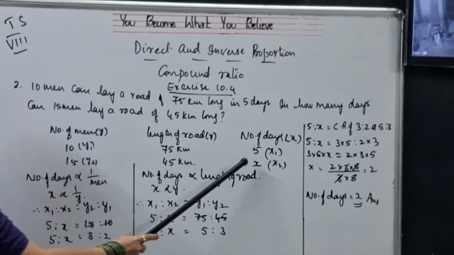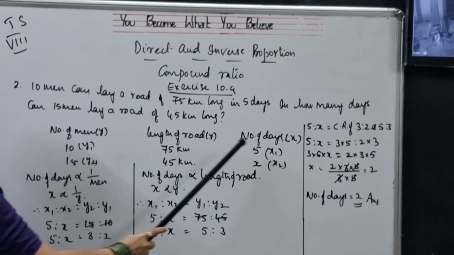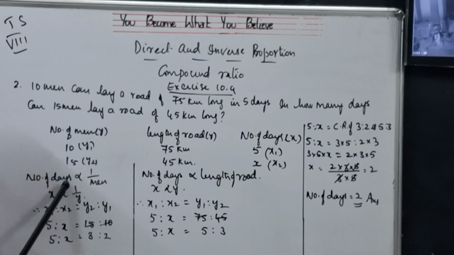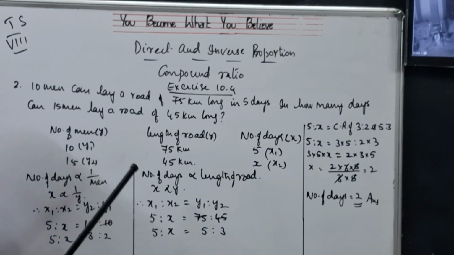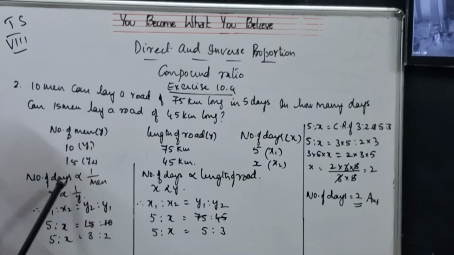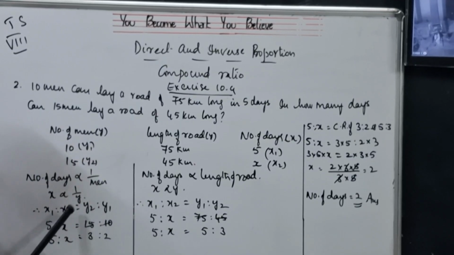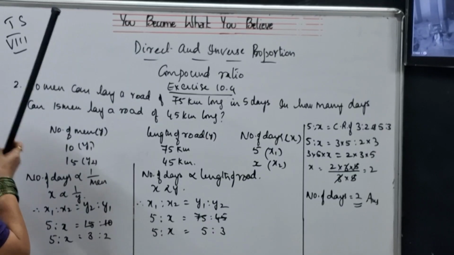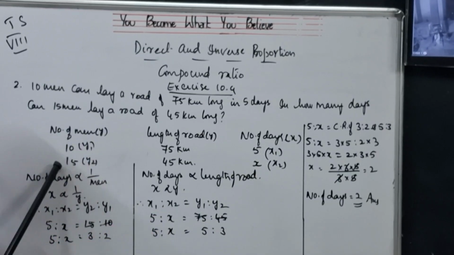Now with this we have to compare. Number of days and men are inversely proportional. We know that if men increase, days will decrease. If men decrease, days will increase. So x is inversely proportional to y. x1 is to x2 is y2 is to y1. So 5 is to x is 3 is to 2 I have got.